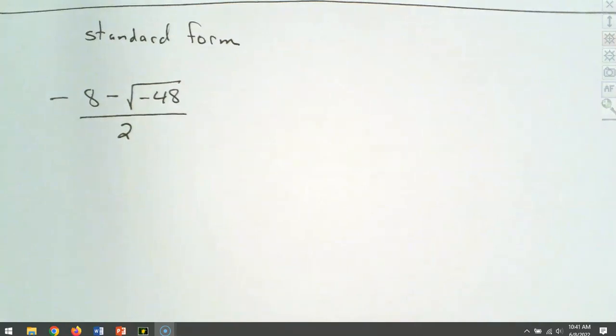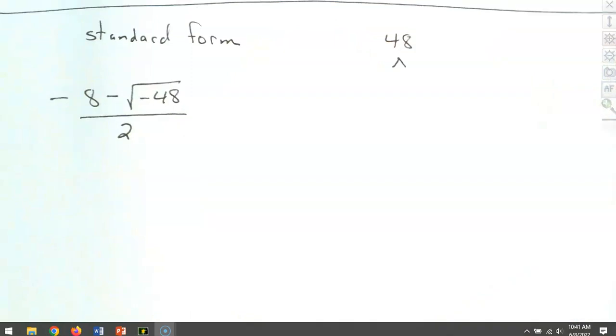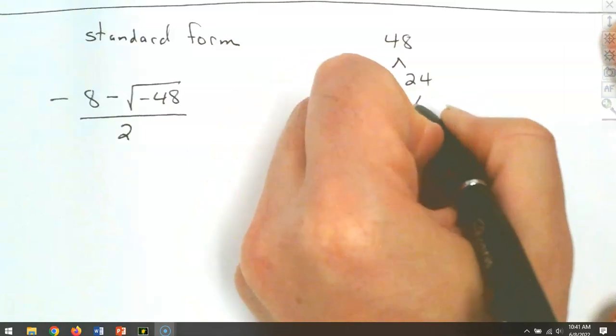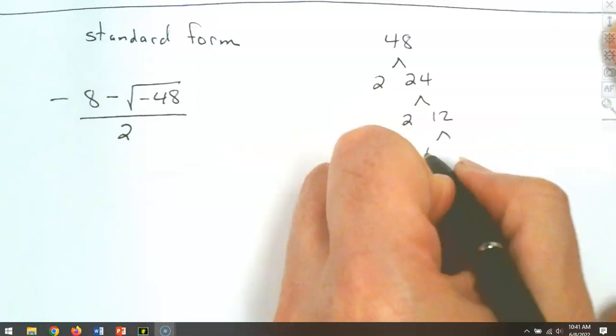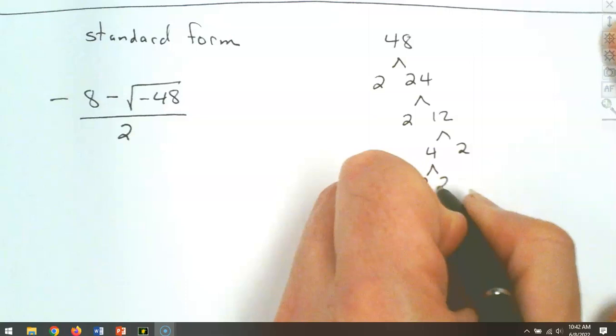Now, what do we know about 48? Well, we need to break this up. It's an even number, so we'll just start with 2. So 48 divided by 2 is 2 and 24. And then we've got 2 and 12, and then 4 and 3. And 4 breaks down into 2 and 2.